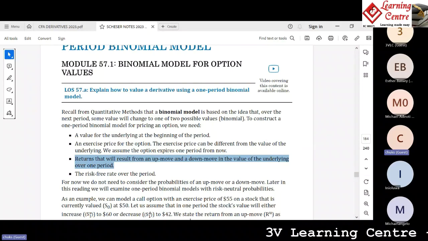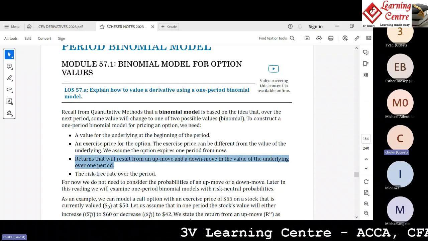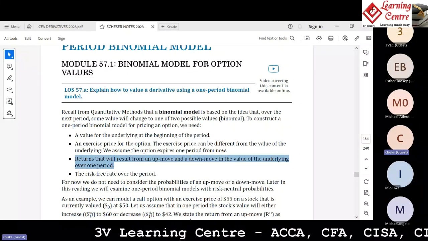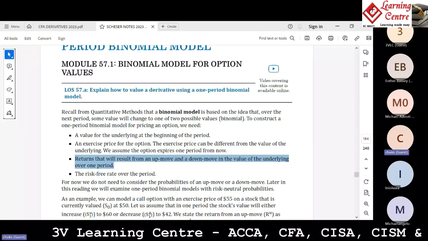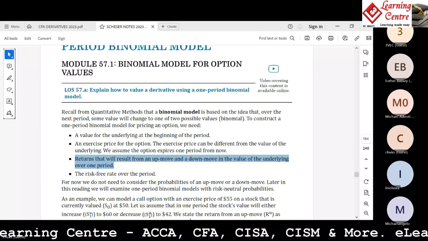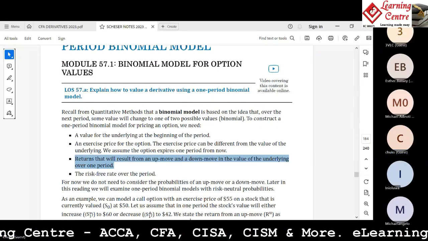So let's say if it goes up, the value will be 2, and 40%, if it goes down, the value will be 1. So you have to do 2 times 60% plus 1 times 40%, basically, to be able to get what the price would be.